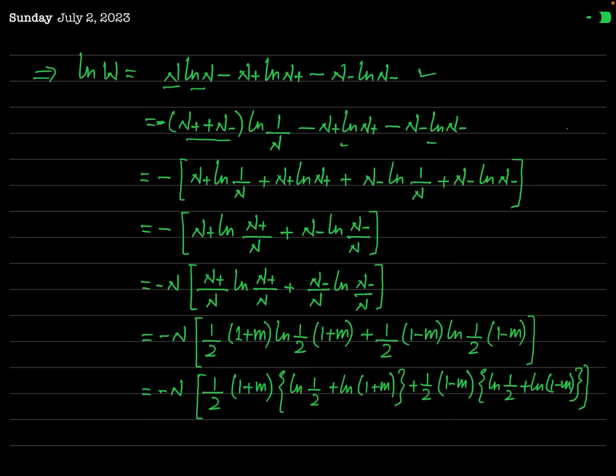Now, let us multiply this ln 1 over n by this factor inside the bracket. So this will be n minus n plus ln 1 by n, and then n plus ln n plus.